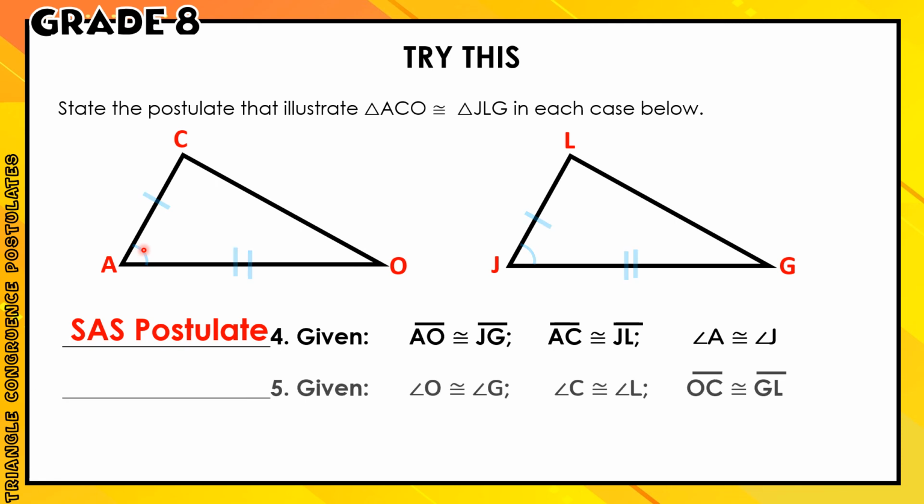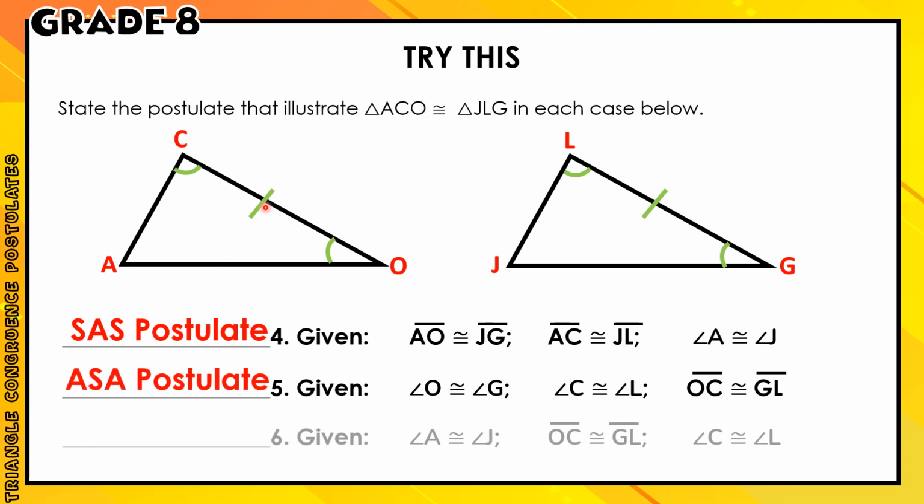Number 5. Angle O, G, we have angle C, L and sides OC and GL. Lagyan natin ng markings. Two angles, tapos may included side. Based on the markings, it is ASA postulate. And lastly, if we have this one, lagyan natin ng markings.